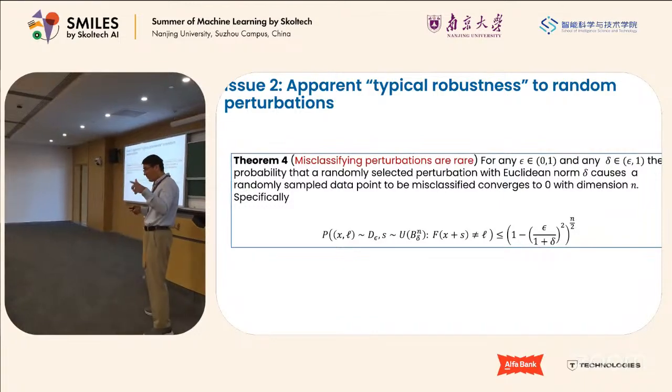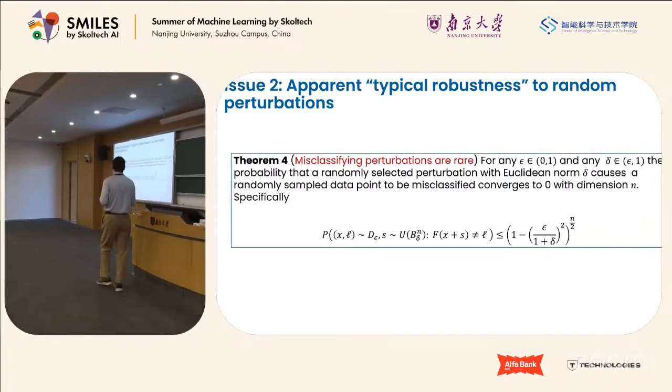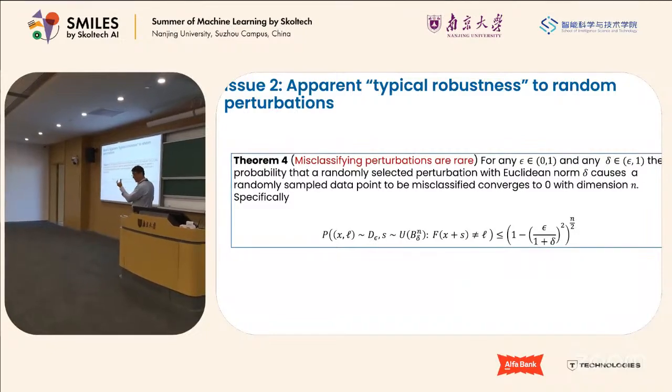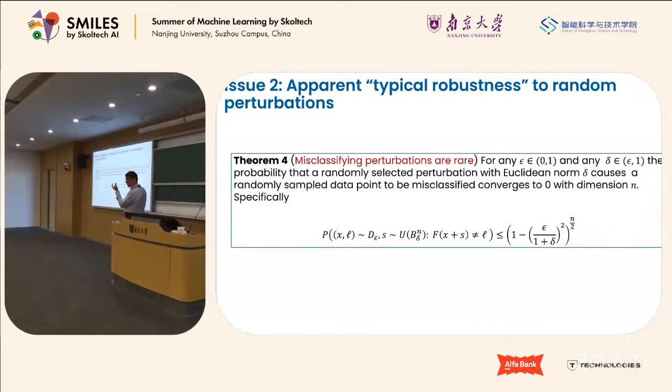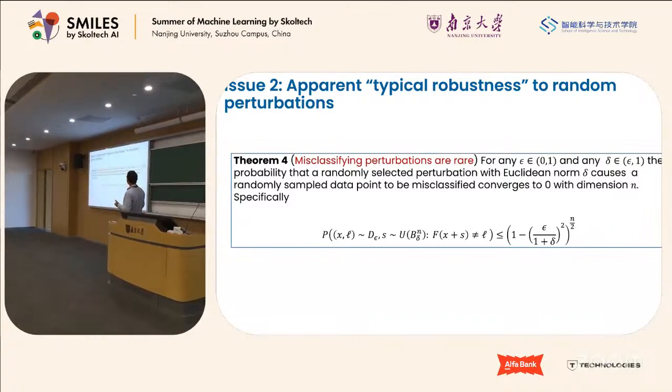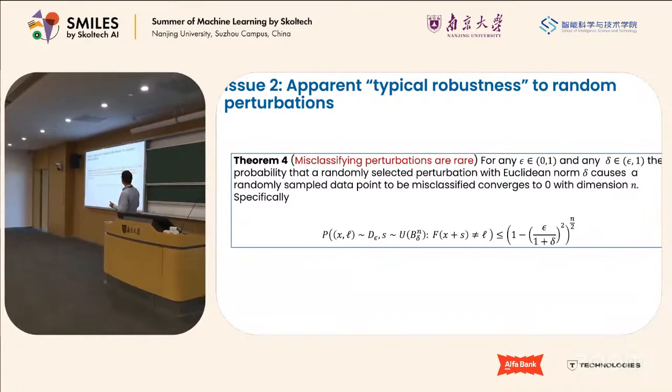So let me read it. For any epsilon, where epsilon is the distance to your decision boundary, and any delta from epsilon to 1, the probability that a randomly selected perturbation with Euclidean norm delta causes a randomly sampled data point to be misclassified converges to 0 with dimension n.